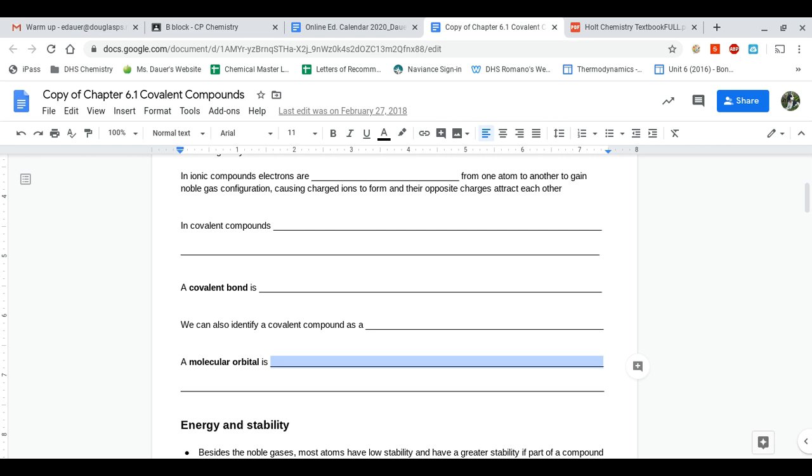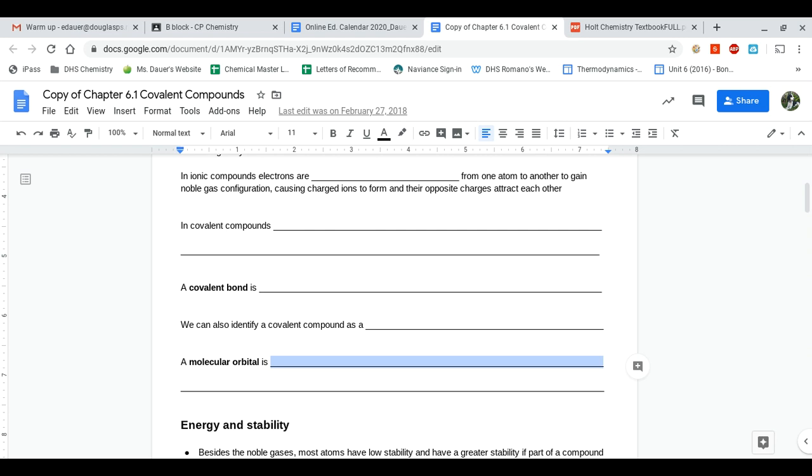Those were just for an atom. Now that we have two atoms making a bond together, we can talk about how the location of an electron is going to change. So your definition, a molecular orbital is a region of high probability that describes where an electron is likely to be found when it participates in covalent bonding.